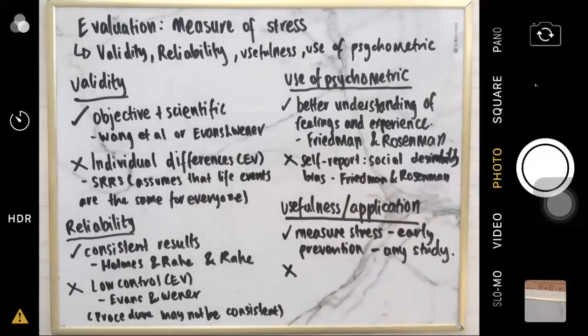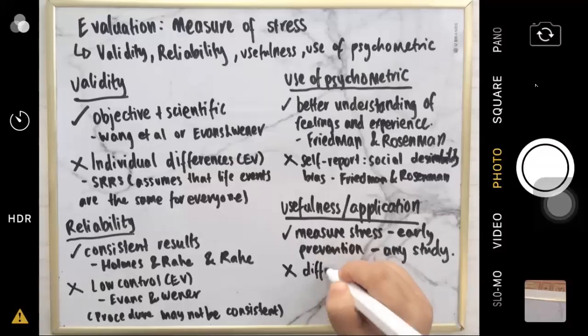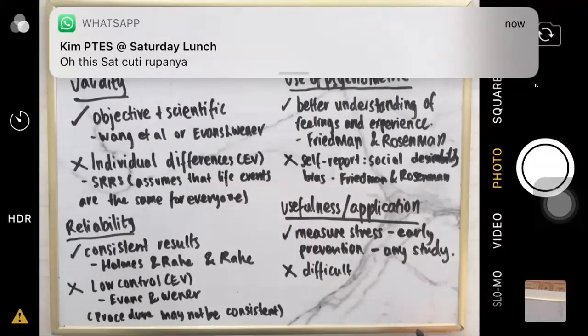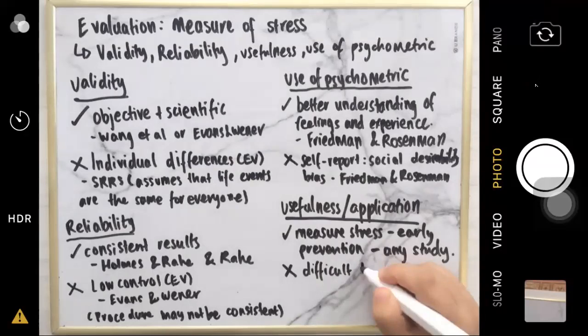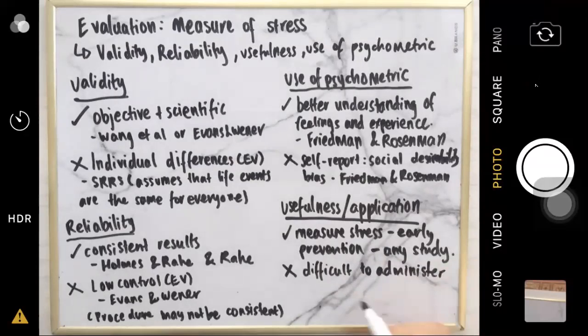It's good, but some of the methods of measuring stress are a bit too difficult to administer, for example, one of them. So there is an issue with practical application. And that's it.